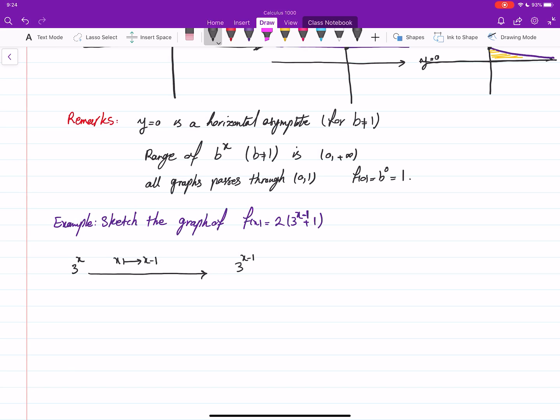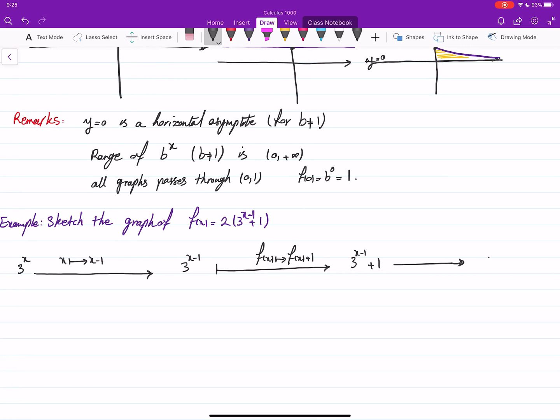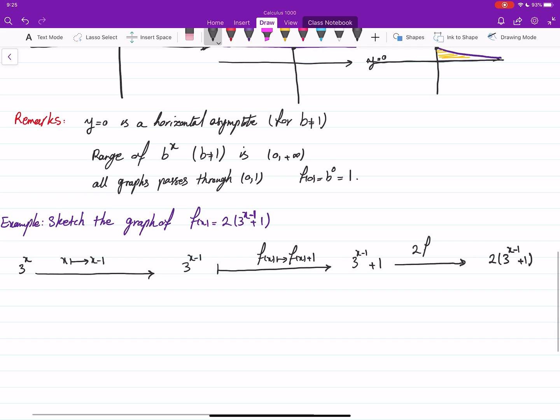Then the next step, I can add 1 to the whole function, so basically switch the function f of x to f of x plus 1. And then the last step is when we multiply the whole function by 2, so 2 times f of x.